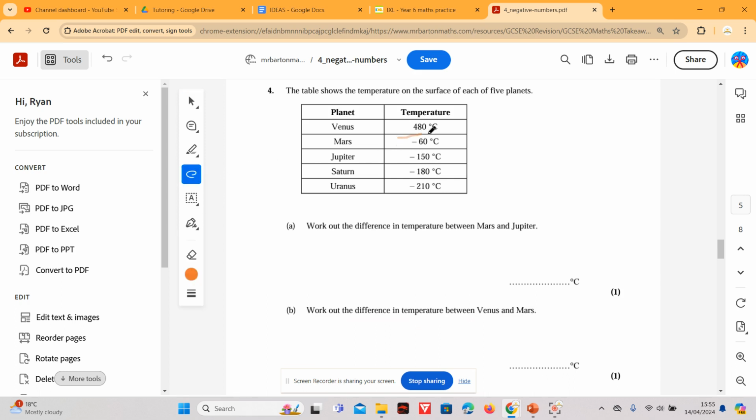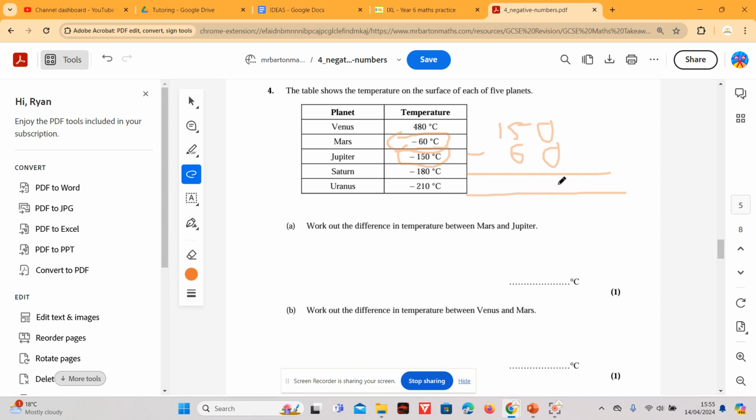So we've got Mars here, Jupiter there, and I'm simply going to do 150 take away 60.